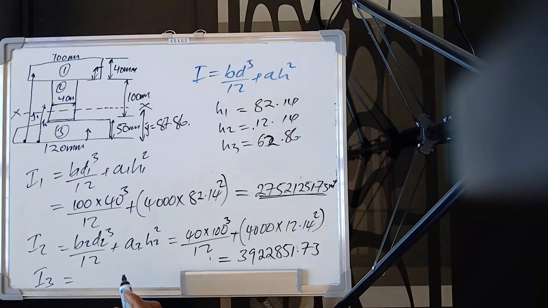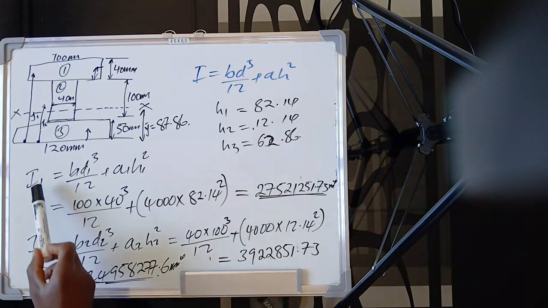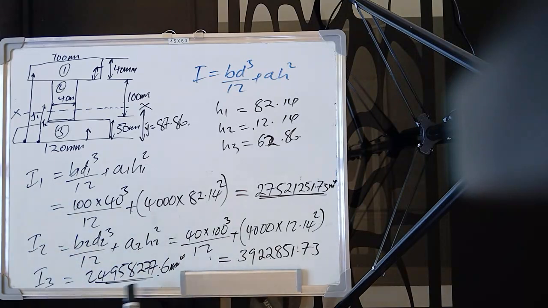The answer should give you 24,958,277.6 millimeter to the power 4. That's what it should give you. So you see, we have worked out I1, we have worked out I2, you have also worked out I3, which should give you that.